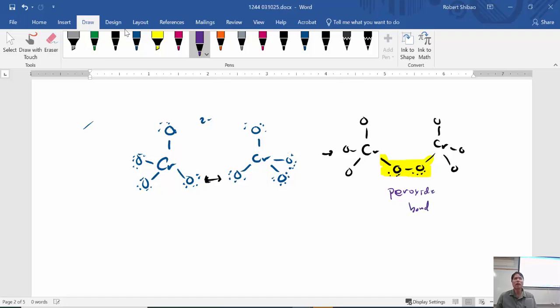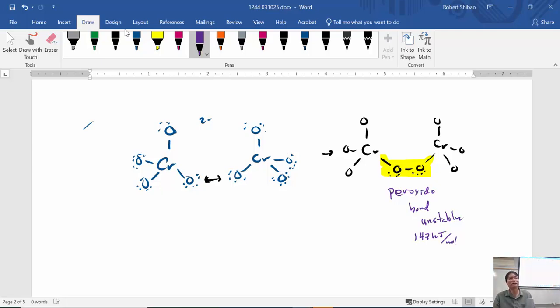What do you know about peroxide bonds? They're highly unstable because they're very weak. They only require 147 kilojoules per mole to break. What happened to the other pair? They disappeared somewhere. I'm not keeping track of them.